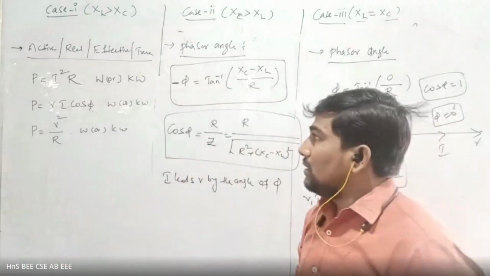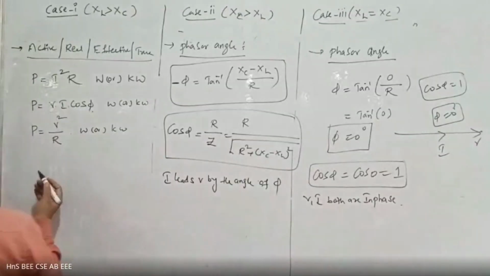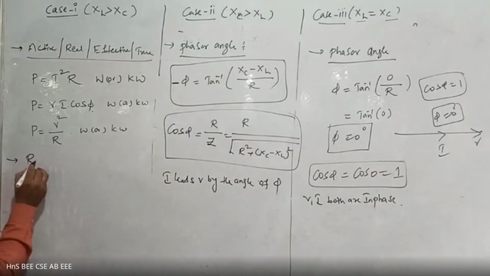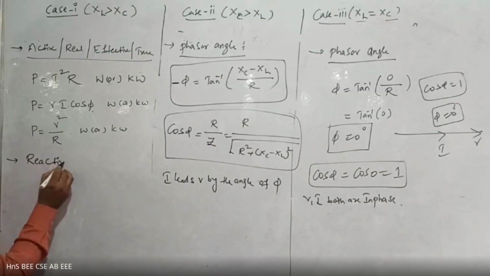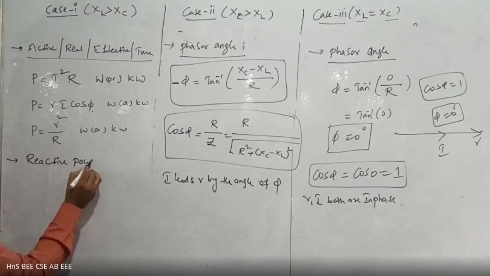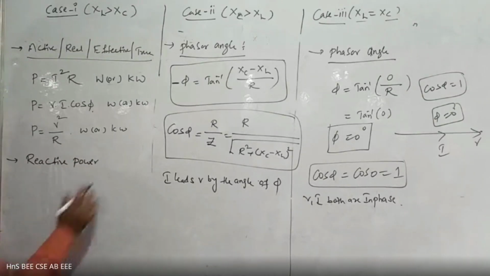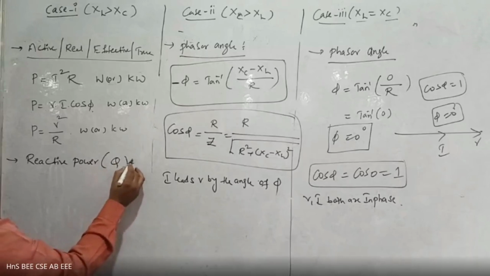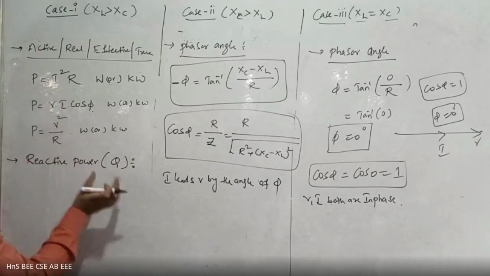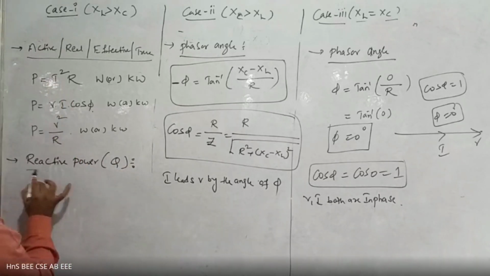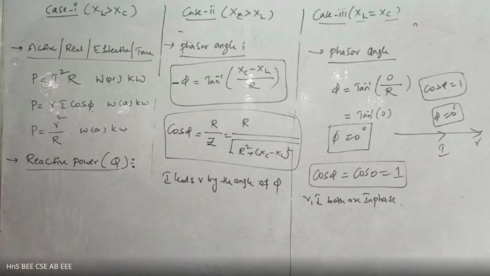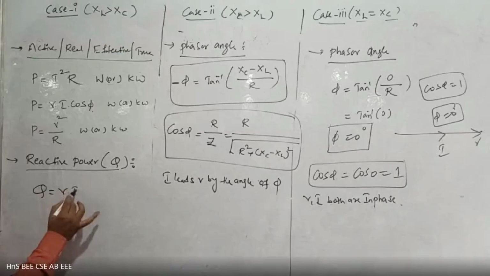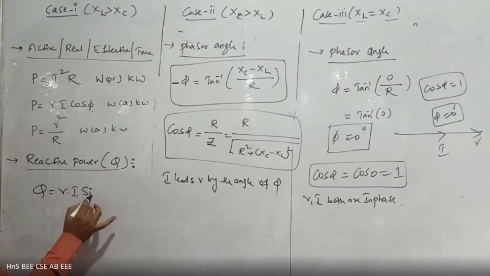Now coming to reactive power. It is represented with capital Q. It is capital P for active power and capital Q for reactive power. The reactive power Q equal to V into I into sin phi.